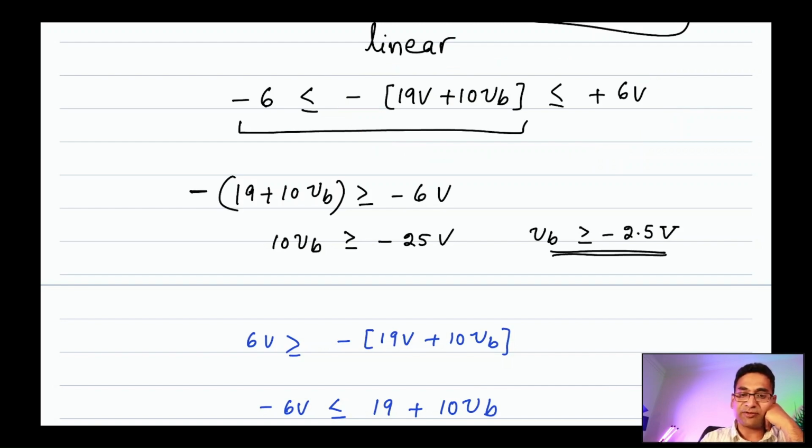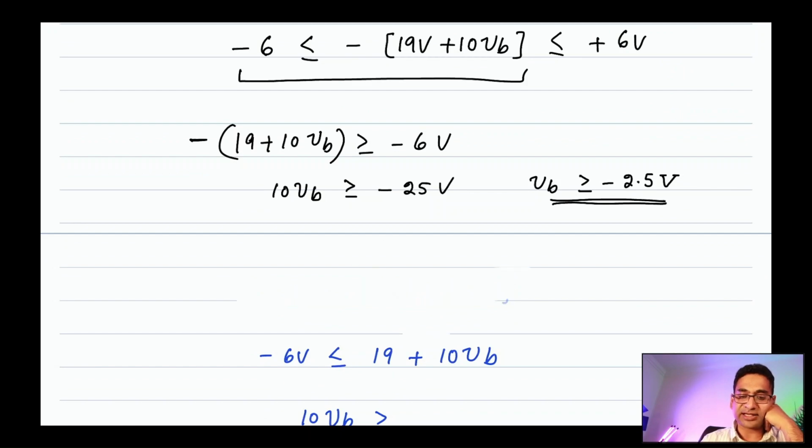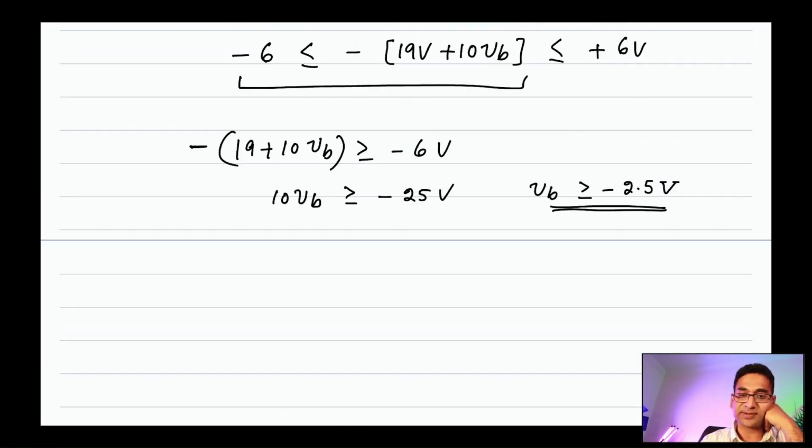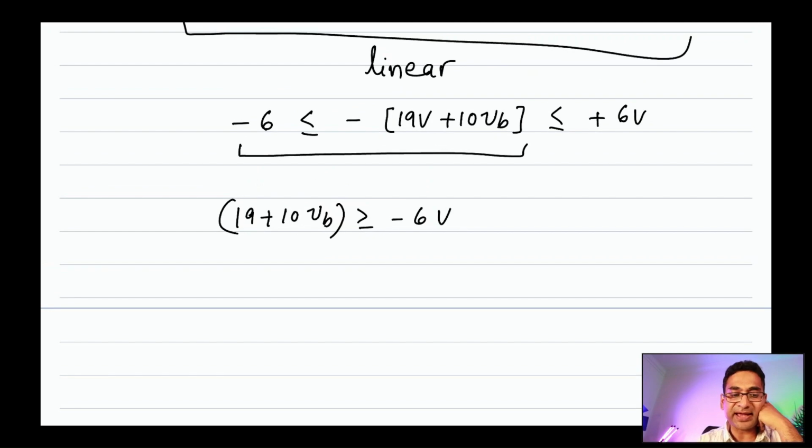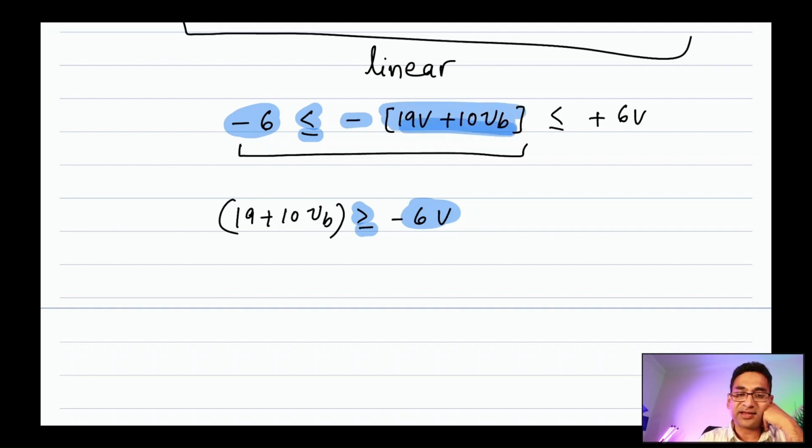Before I go on to the next problem, I see what the issue was. I forgot a negative term in there. Negative 6 volts should be less than or equal to negative 19 volts plus 10 VB. I should have incorporated a negative sign in there.